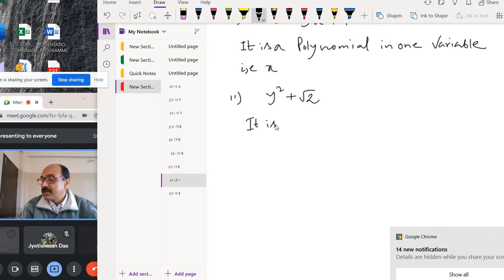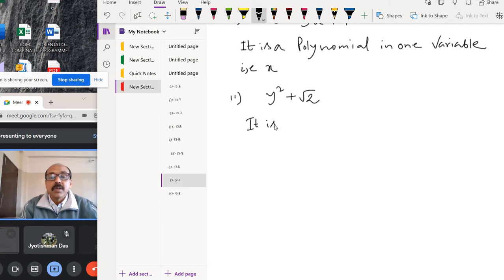Why not? Sir, because root is there. No, root is there, but in the variable, the power is the exponent, that is a whole number. The exponent is a whole number, y square, 2. That is the constant part, root 2. So it is a polynomial in one variable.